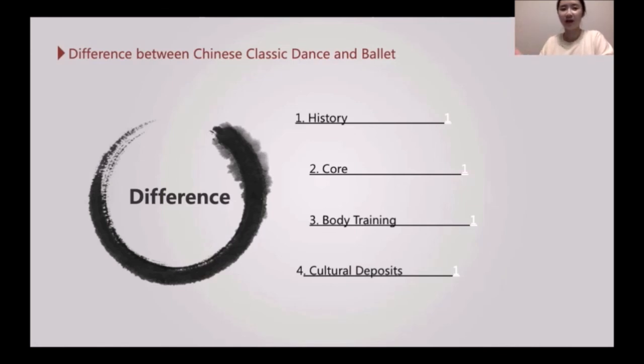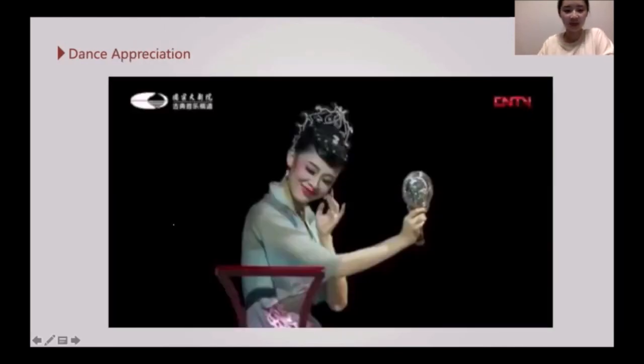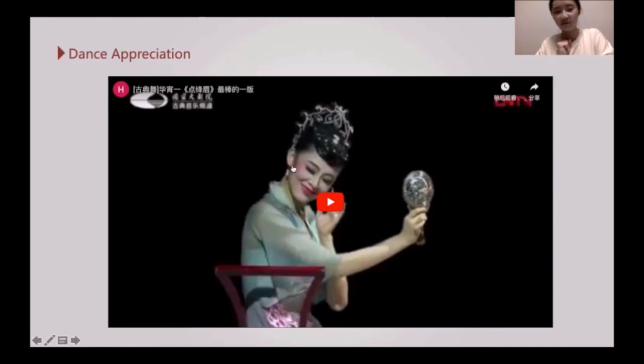It's really, really fluent. After we talk about the differences, I will show the last piece, which combines all of the things I just talked about. It's my favorite one, because I performed this dance before and I really love it.